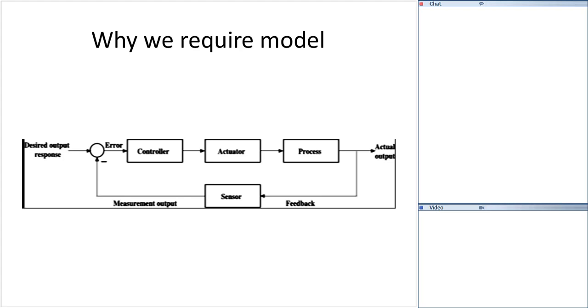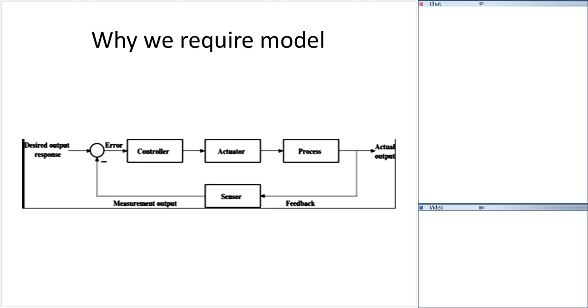So before actually designing a controller, or before arriving at some conclusion, or before working on the actual process, we first try to develop a model. Once you have the model, it will be useful for analysis, design of the controller, and you can do the simulation in software and then implement in real time.